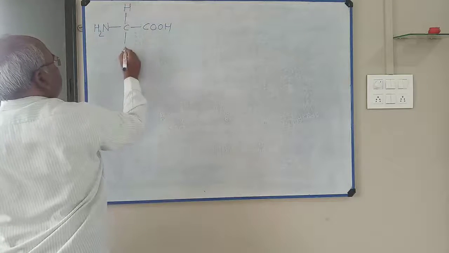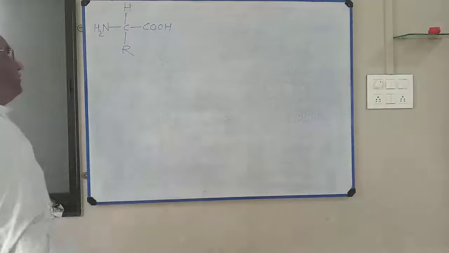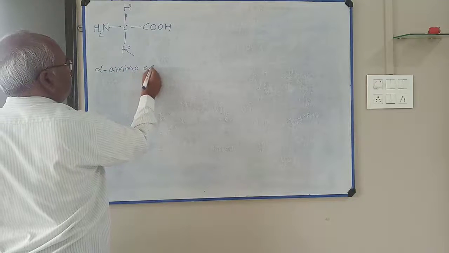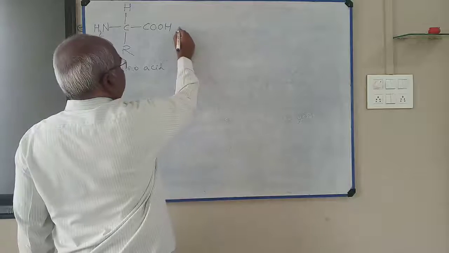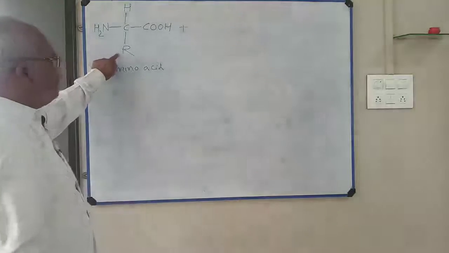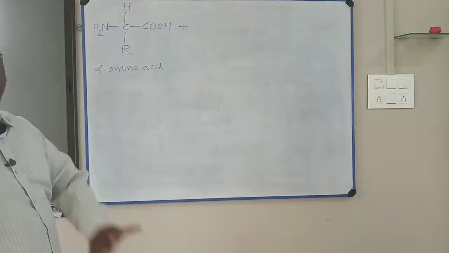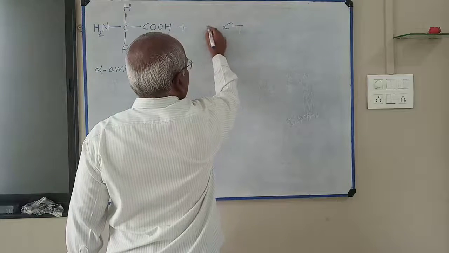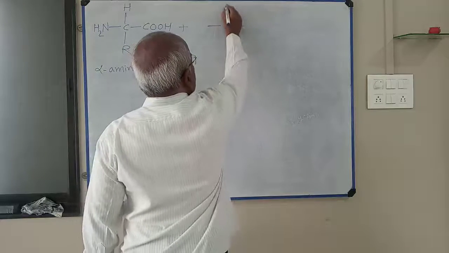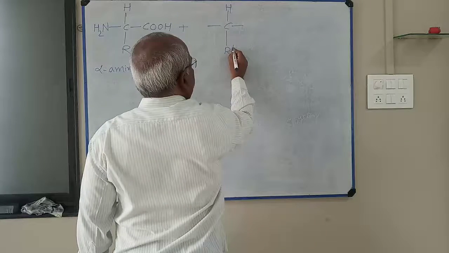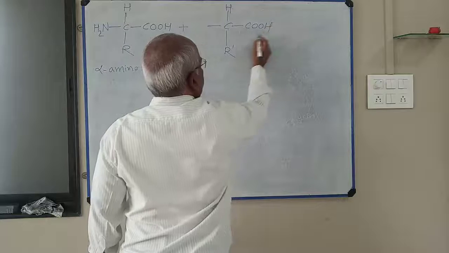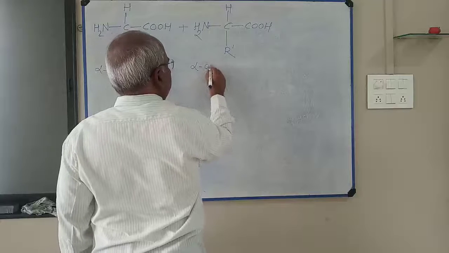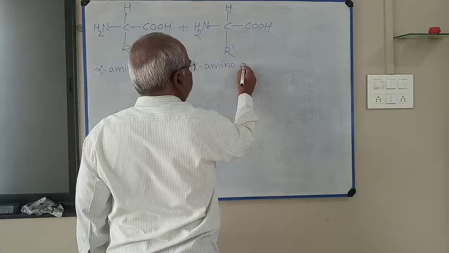Here is hydrogen and here is R. This is alpha amino acid, plus another molecule of alpha amino acid, where R may be same or different, R dash, R double dash, etc. Here is H, R dash, COOH, NH2 group. This is alpha amino acid.